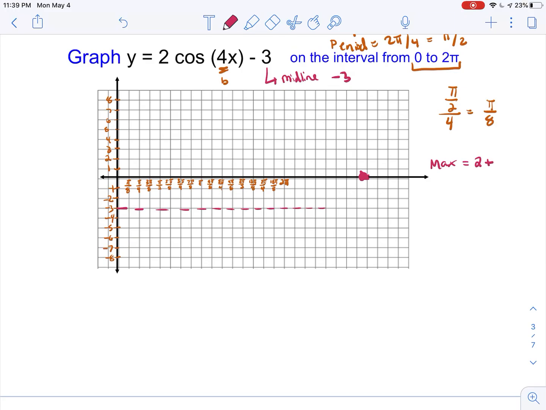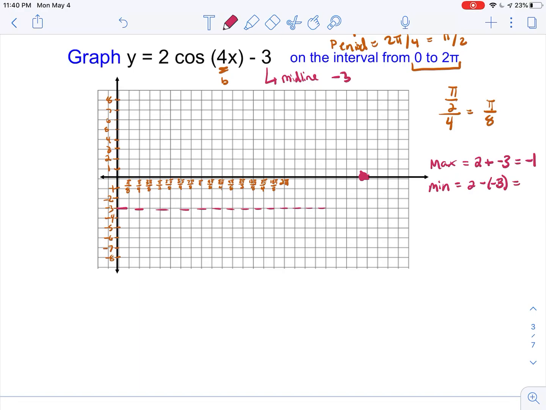Well, my maximum value is my amplitude plus my midline. So 2 minus 3 is a -1. That is going to be my maximum value. And my minimum value is going to be my midline value minus my amplitude.